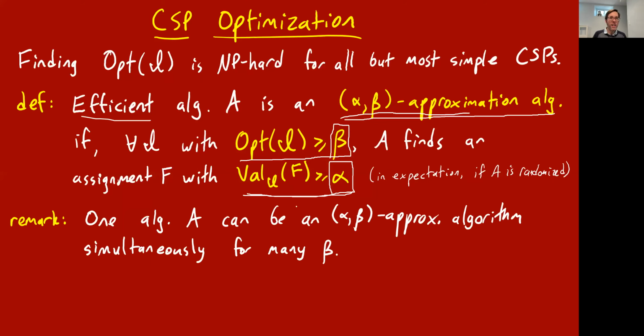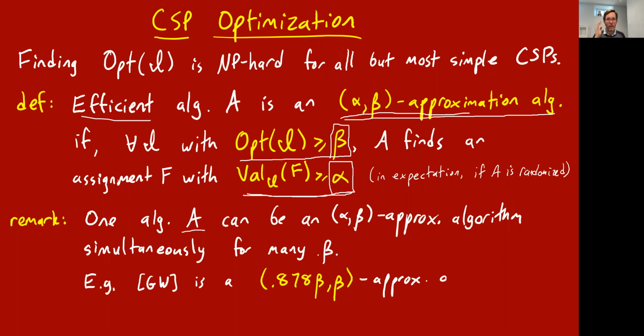And one thing I want to mention is that one algorithm A can simultaneously be an alpha beta approximation algorithm for many betas. And let me give a clarifying example. What did we prove in the first part of this lecture? This Goemans Williamson algorithm for max cut, what we proved is that it's a 0.878 beta, comma beta approximation algorithm for every beta, right?